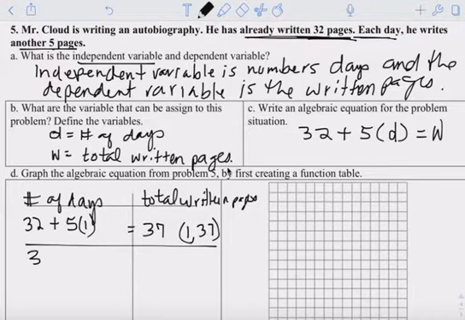Let's say he wrote for 5 days. That's a total of 32 plus 25, which is 57 pages.